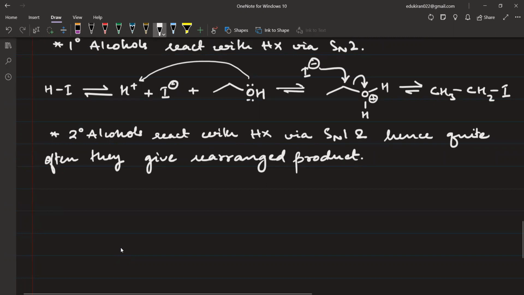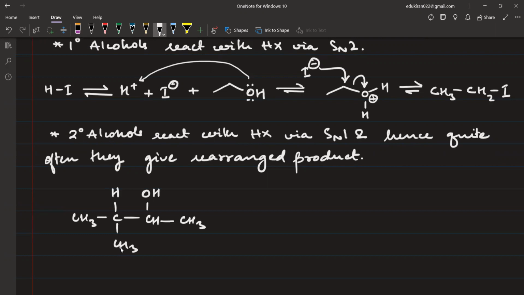For example, if I have CH3, carbon atom with one CH3 and another hydrogen like this, followed by CH, OH here, and then followed by one more CH3. If I am treating this alcohol with HBr, we are expecting that this carbon should be getting the Br atom.